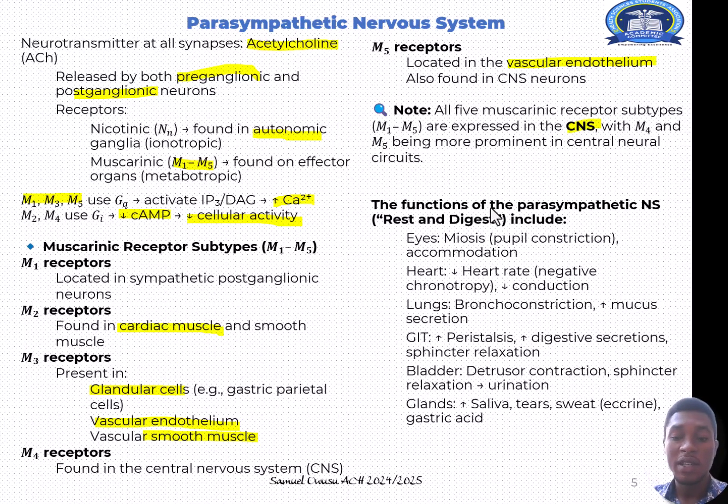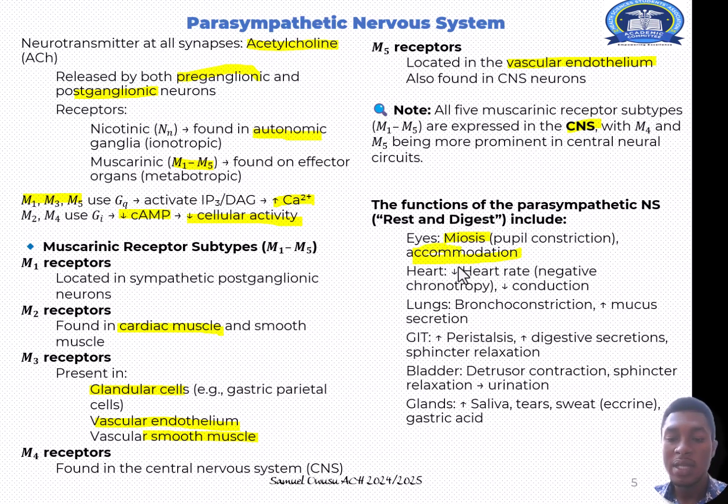Now, what is the function of the parasympathetic nervous system? Since it's the rest and digest system, it helps us to constrict our pupils, and the constriction of the pupils is miosis. We also utilize the parasympathetic nervous system in accommodation of the eye.